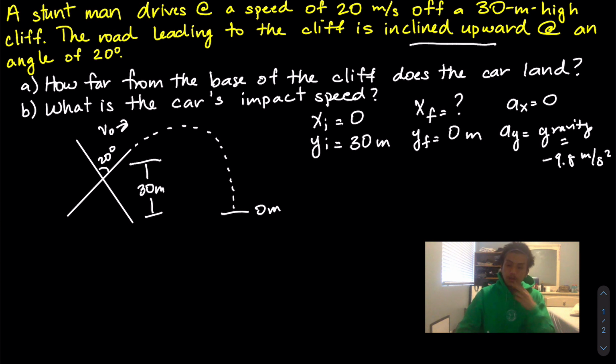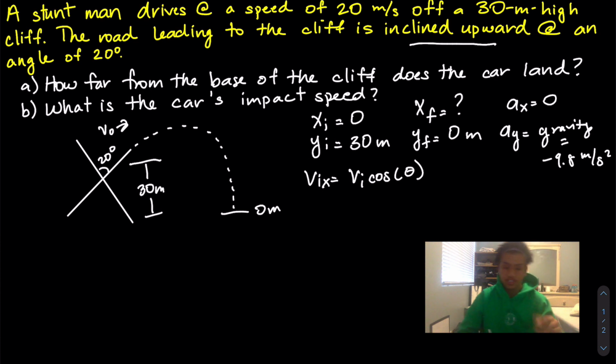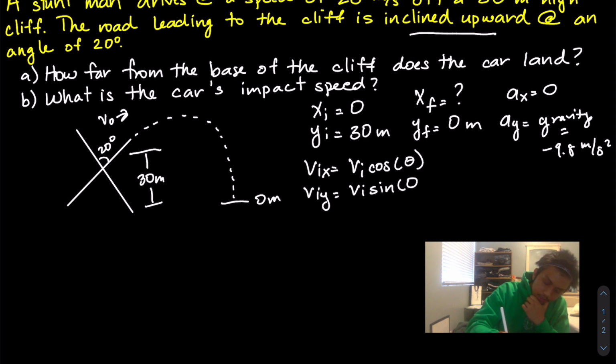So since we know our velocity, we can write down the components for it. So our v initial x would just be v initial cosine theta because it's at an angle. And same thing for v initial y, so v initial sine theta.